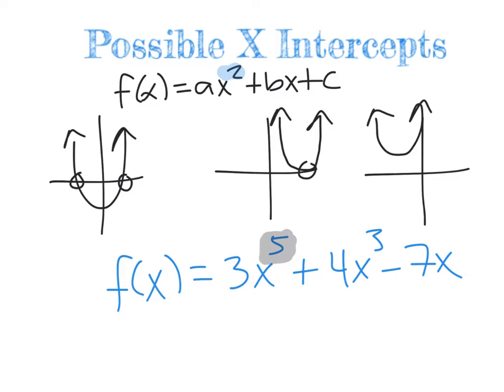Maybe it has none. But the maximum amount that it can have is 5. Actually, because it's an odd exponent, it will have to have 1 x-intercept at least. But it can go anywhere from 1 all the way to 5. Not more than 5 x-intercepts. For now, knowing the exponent will tell you how many possible x-intercepts it can maximum have in a polynomial.